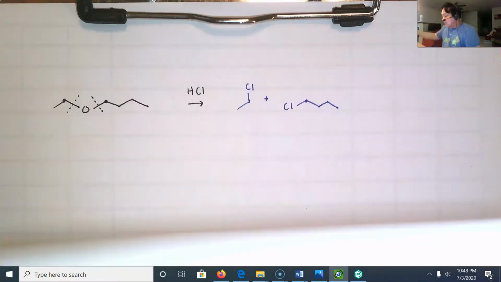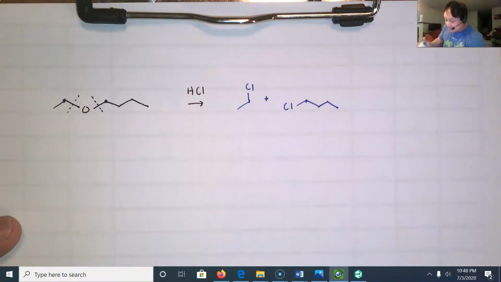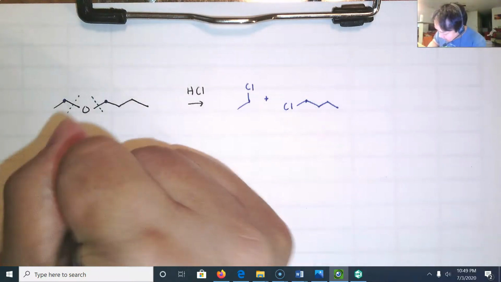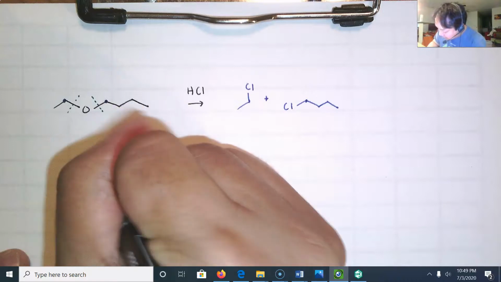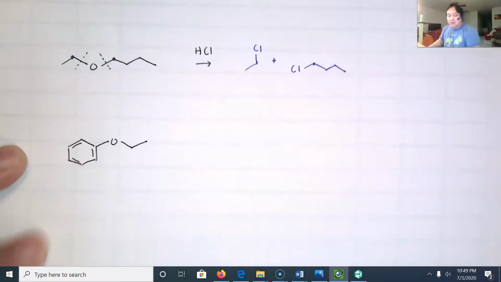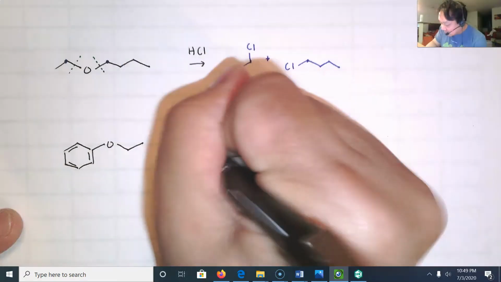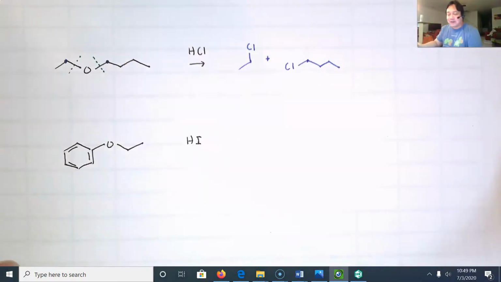Now there's one example that I want to warn you about, with this ether right here. Let's use HI. We could use HBr, HCl, HI.